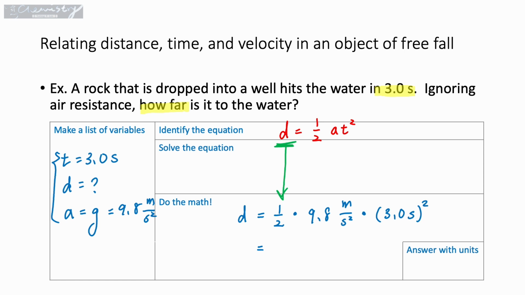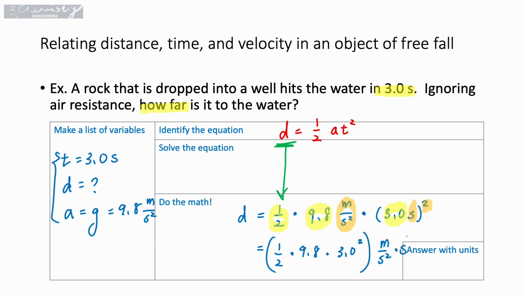Solving for this, again, we are going to separate the numerical part and also the unit part. The numerical part is 1/2 times 9.8 times 3.0 squared. The unit part is going to be m over s squared from here, and then s squared from the seconds.